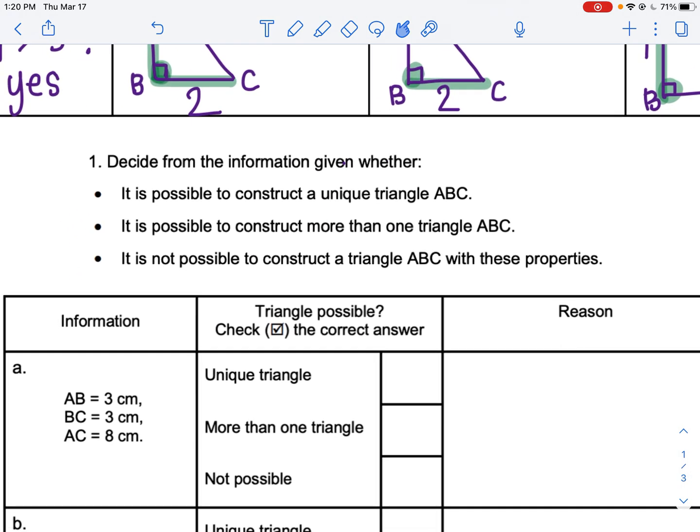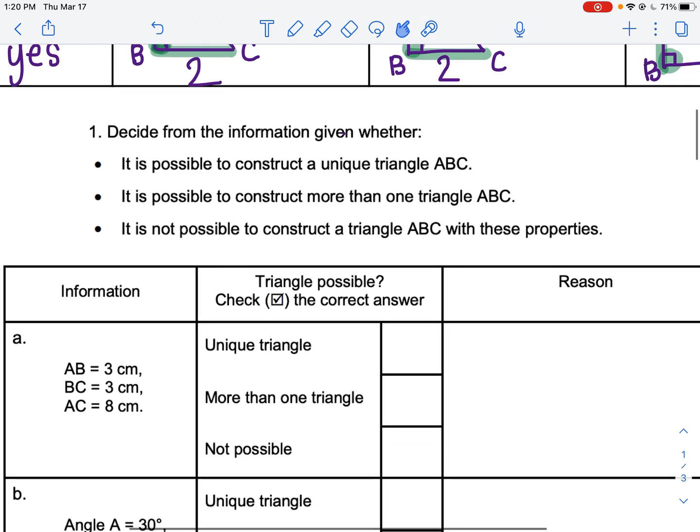It says, decide from the information given whether it is possible to construct a unique triangle. It is possible to construct more than one triangle. So remember, this is our angles one. Or it's not possible to construct a triangle with any of these properties.